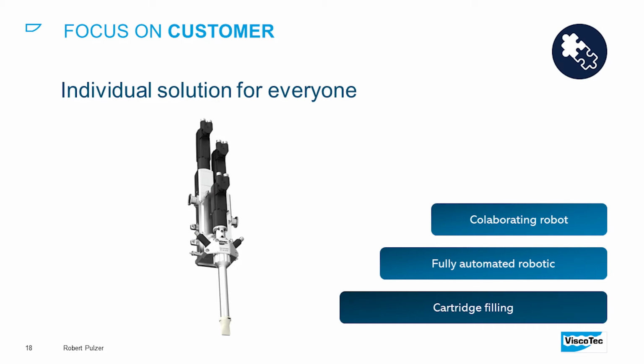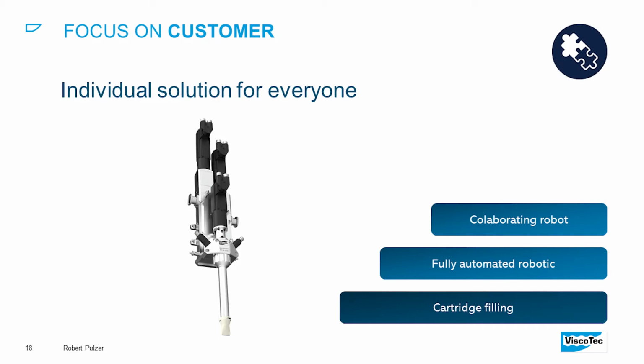And I said, no project is copy-paste, but there are 3 difficult kinds of projects that are possible. So you see it on the right side, cartridge filling, fully automated, robotic, and collaborating robot.